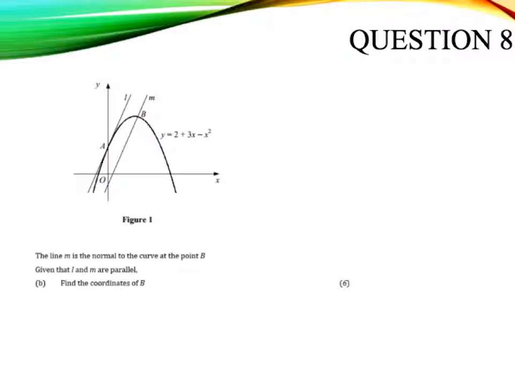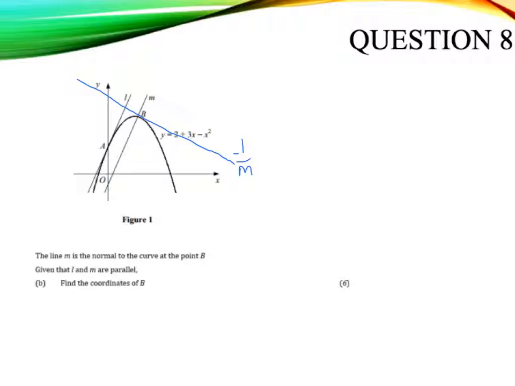Okay, so this part B says that we're trying to find the coordinates of the point B. The line M is the normal to the curve at that point, and L and M are parallel. So if this is a normal to the curve along here, then the gradient of the tangent at that point, let's just draw that in if we can, would be minus 1 over m, where m is the gradient of the line.